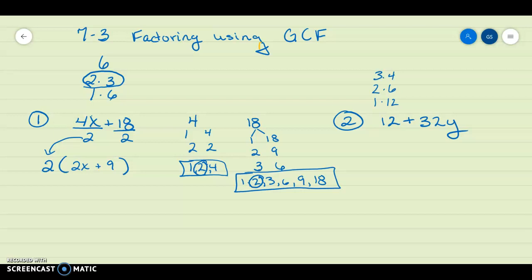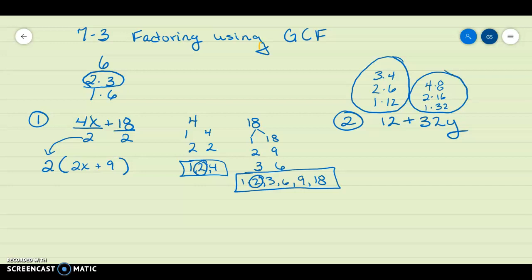That should be it. 32: 1 times 32, 2 times 16, 4 times 8, and that's it.